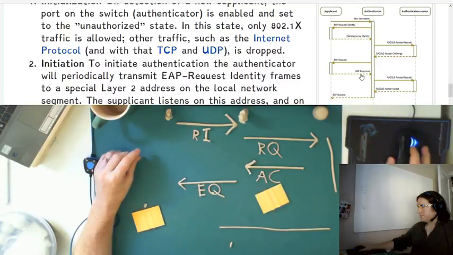Then an EAP response turns into an access request. Then access accept.